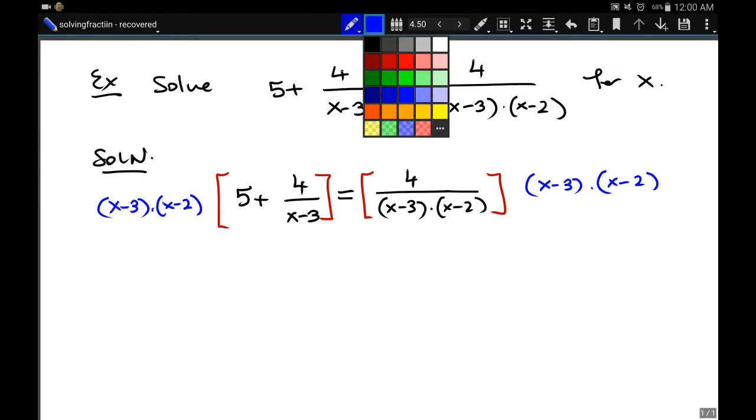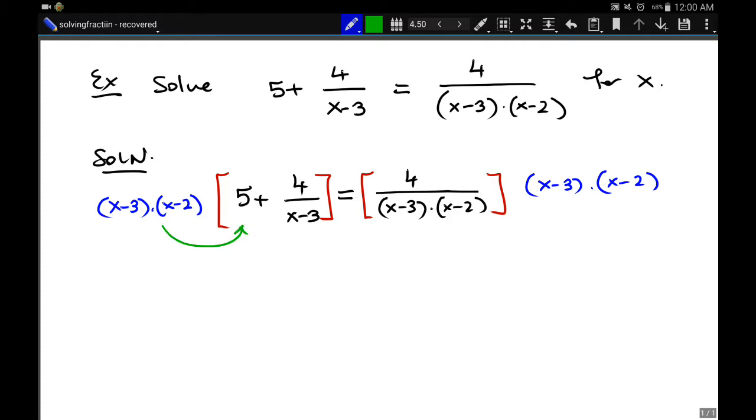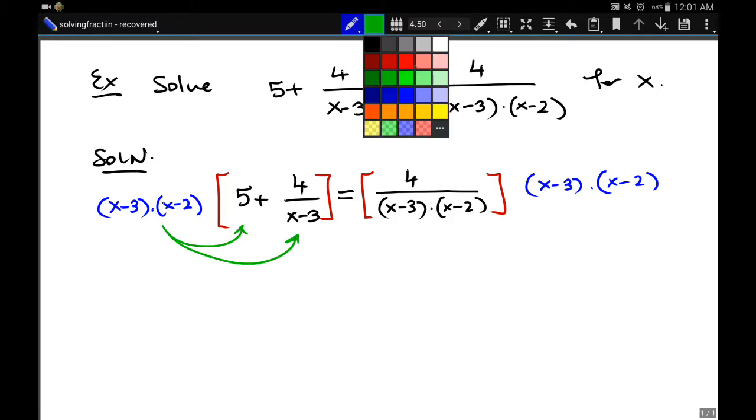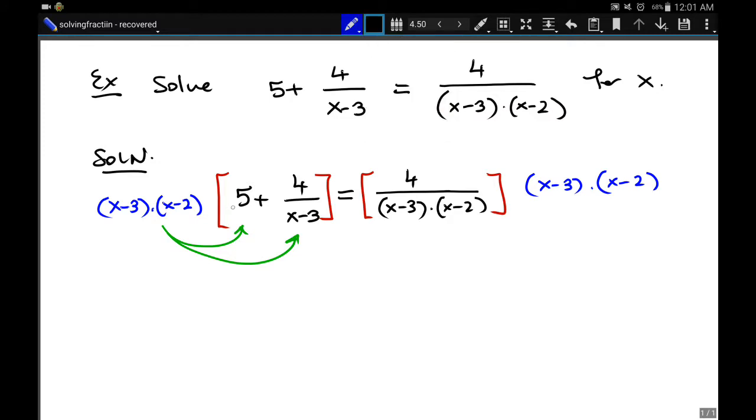Now if we do that, let us distribute. When you multiply it, you get 5 times (x minus 3)(x minus 2), plus 4 times (x minus 3), and x minus 3 will cancel. 4 times (x minus 2) is left on the left.